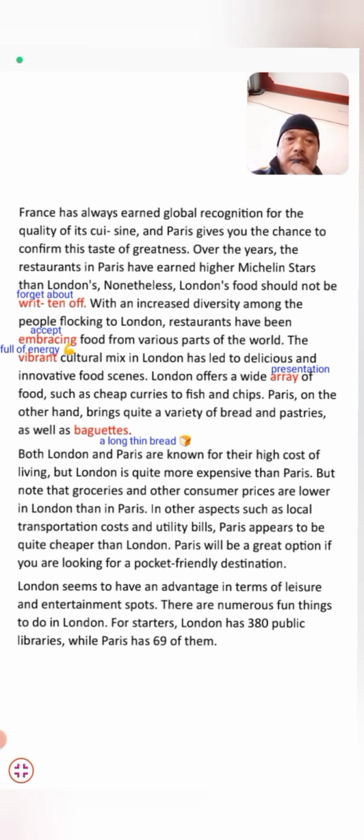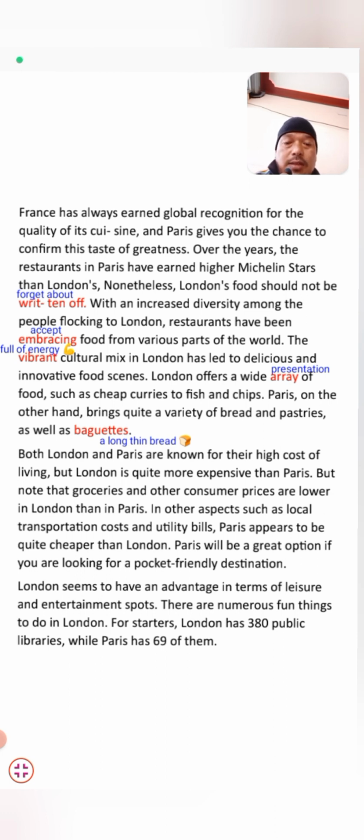London seems to have an advantage in terms of leisure and entertainment sports. There are numerous fun things to do in London. If we talk about entertainment and sports, London is far ahead of Paris, because there are so many entertaining things we can do in London.